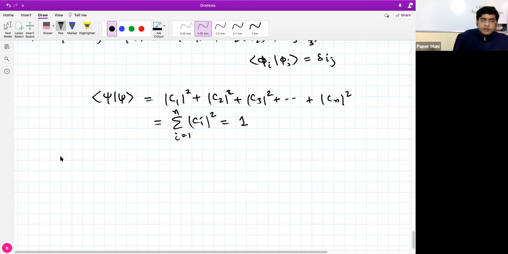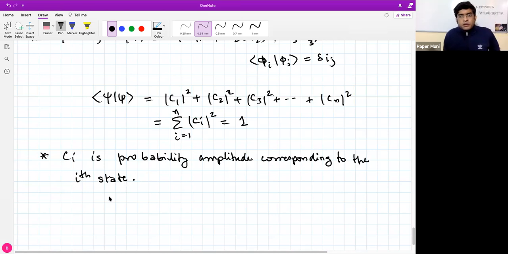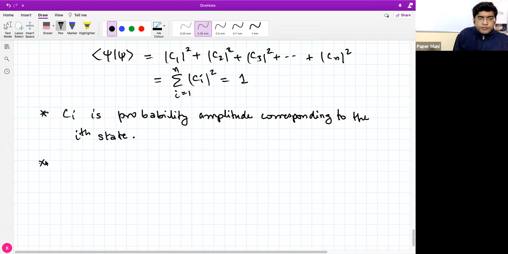Now what are these ci's? The ci's are the probability amplitude corresponding to the ith state. And what does ci mod square mean?